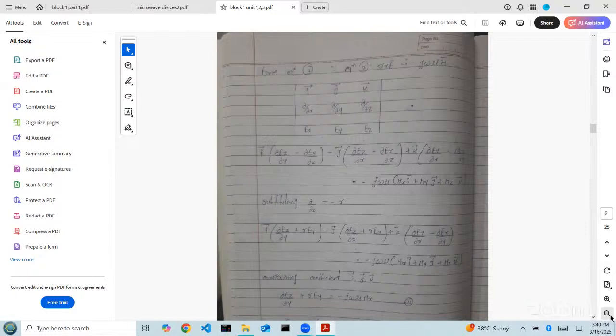RHS, what do we have? Minus jωμ times Hx, Hy, Hz. And what do we have to do? Substitute ∂/∂z equal to minus γ. That is not R, minus γ. Then we will get one equation.